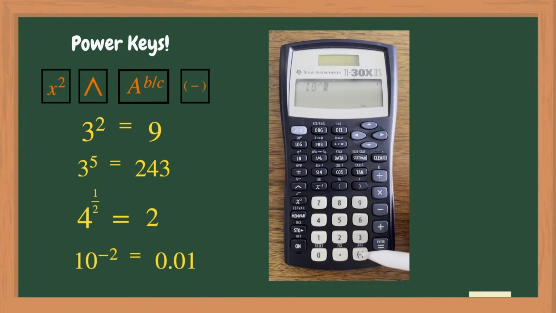Whenever you have a negative number, this is what you're going to click, not the minus sign, because that is subtract. It doesn't mean negative, it means subtract. So I click this button and then my 2. If you back up on the video, you'll notice that this negative sign looks a little bit different than the subtraction sign did before. Now I'm ready to hit enter, and I get an answer of 0.01. And that's all there is to it.